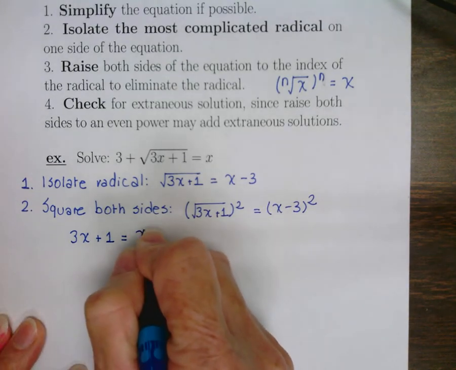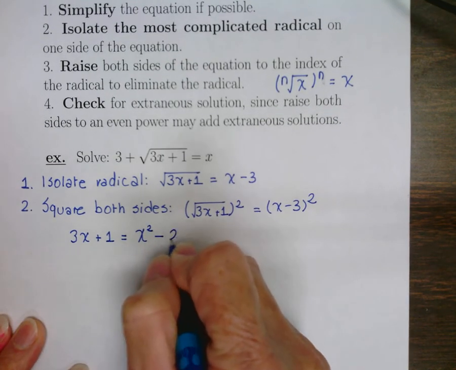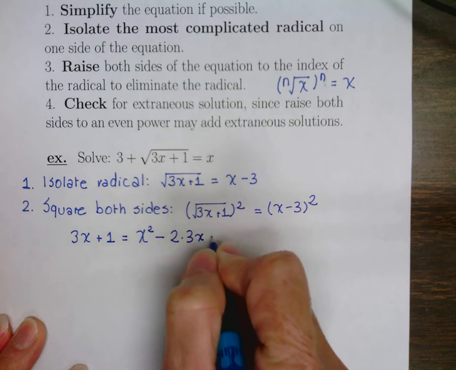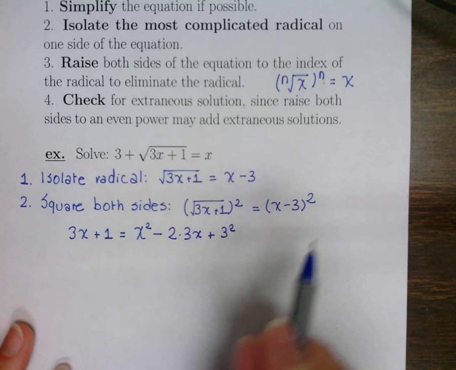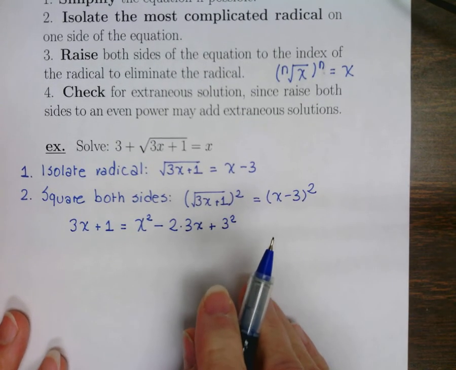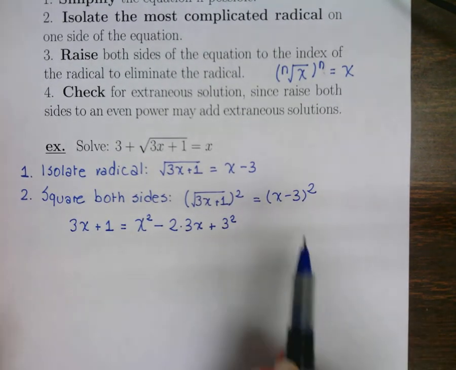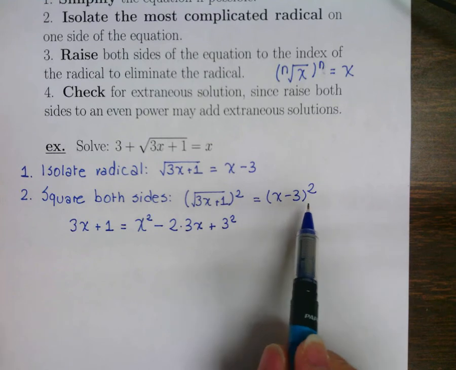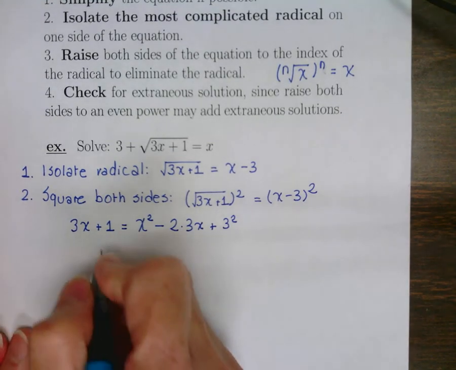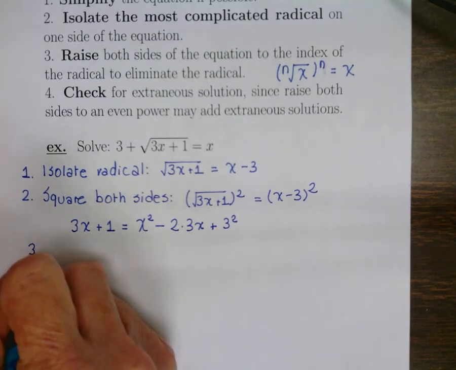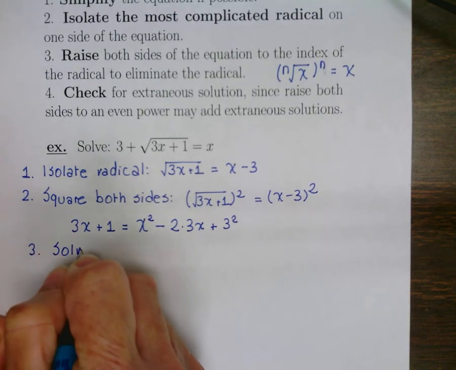It's going to be x squared minus 2 times 3x plus 3 squared. Do not forget you're multiplying out. Don't forget the special product. You don't want to know how to do the method and mess up. So you write that as x squared minus 6x plus 9. Okay? So once we've done that, I'm going to then go through and just solve as normal.